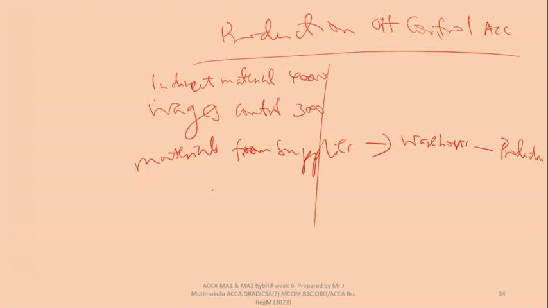The supplier account would debit cash because we paid him cash. He received the cash, and then credits materials or goods which he supplied to us.